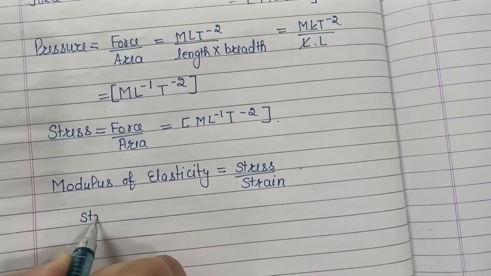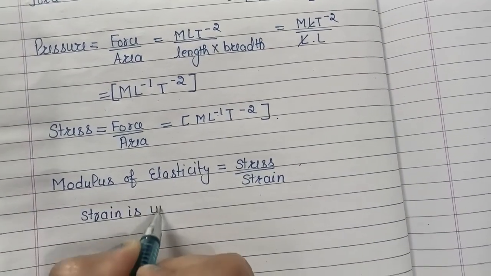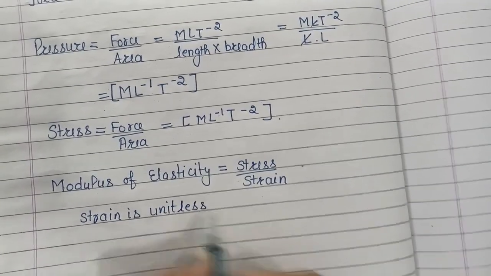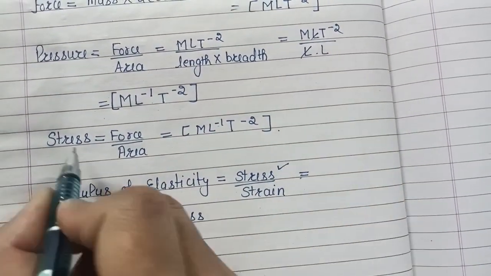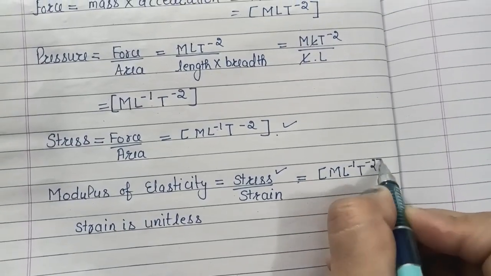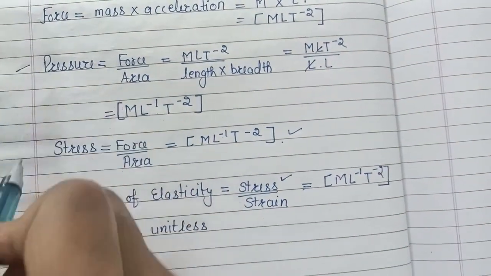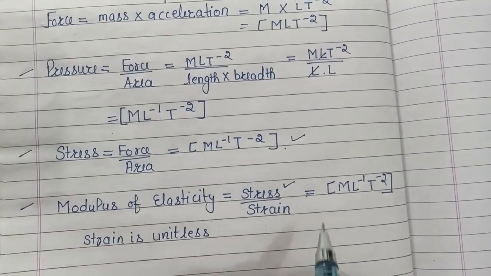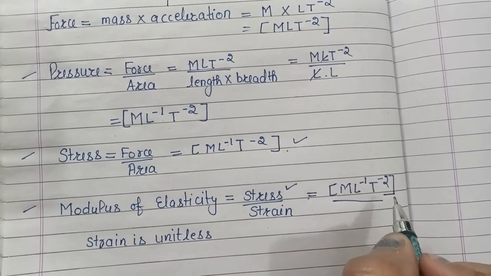We know that strain is a unitless quantity. So we already calculated the dimensional formula for stress. So the pressure, stress and modulus of elasticity have the same dimensional formula, that is ML^-1T^-2.